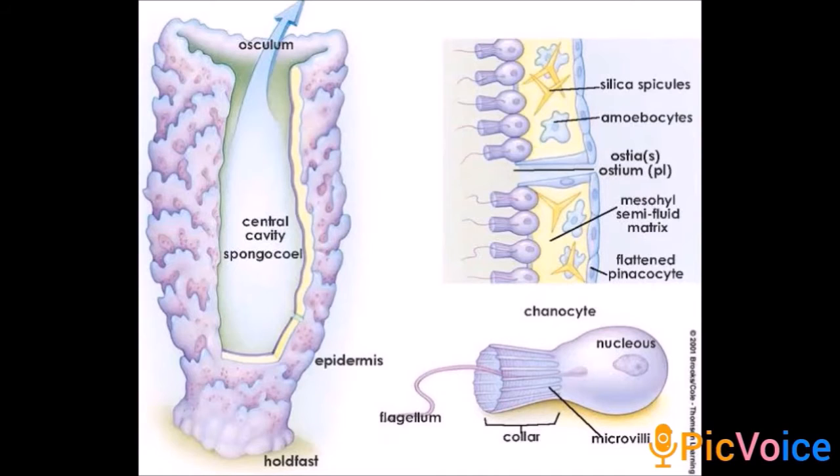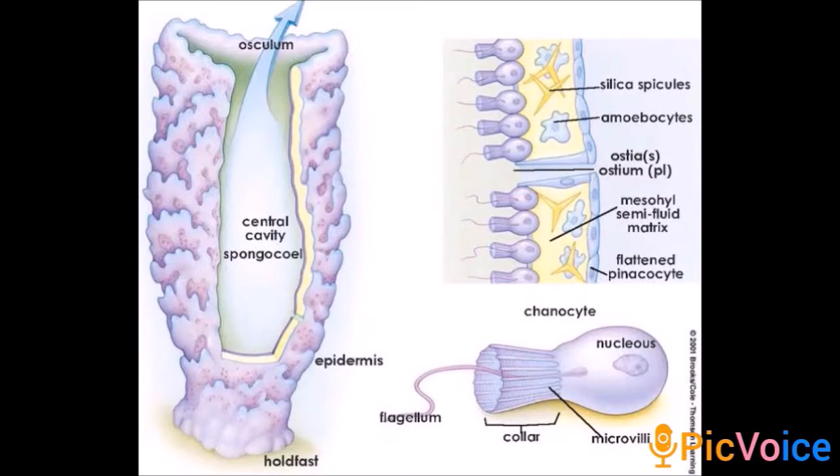So the water keeps circulating through the minute pores, the ostia, and the central cavity, the spongocoel, and to leave it has to go through the osculum. In this way the water circulates.